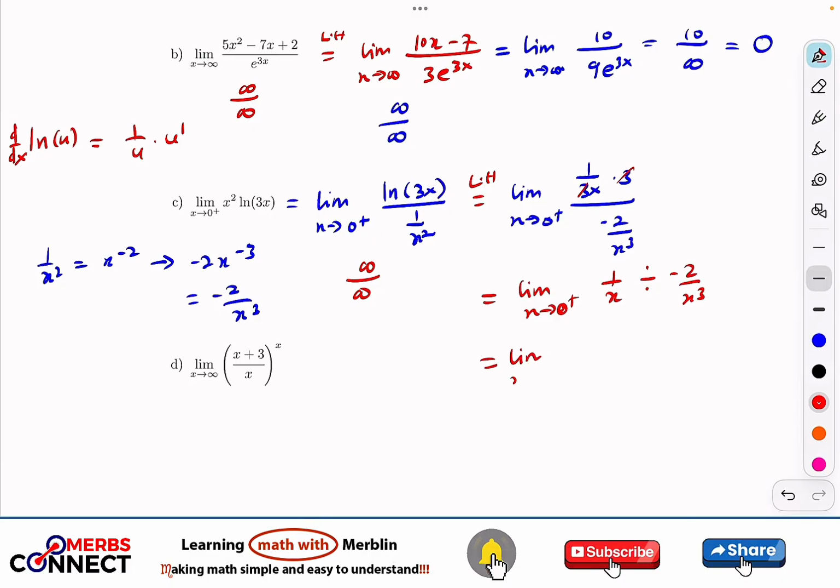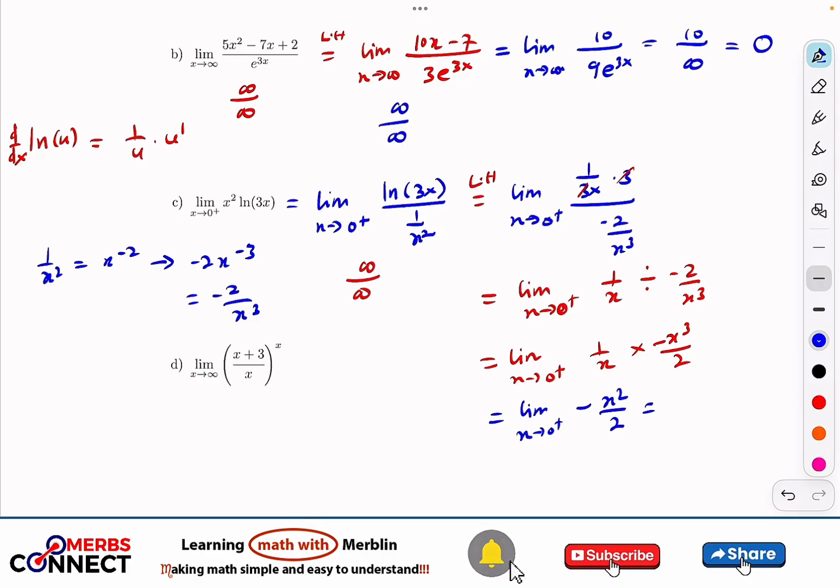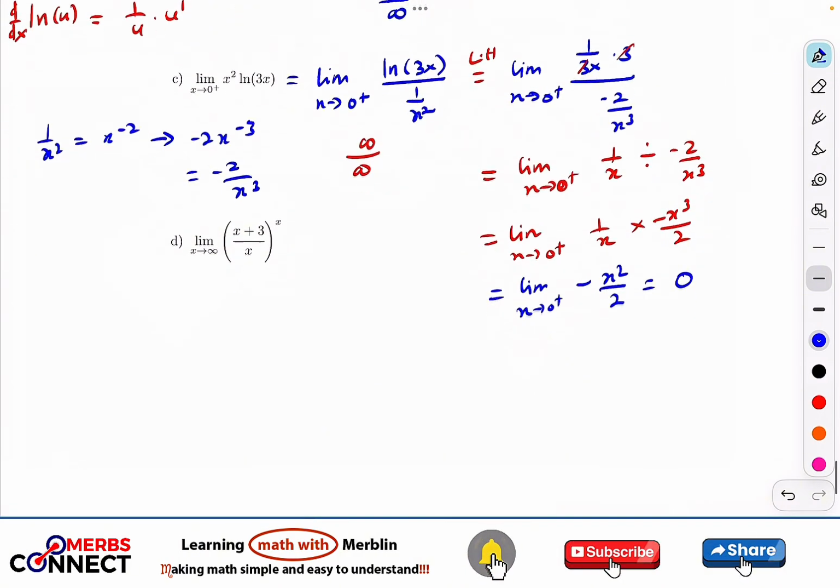Then this is the limit as x approaches 0 from the positive of 1 over x times x cubed over minus 2. Now we can cancel some terms out. The x will cancel what is here, so this is going to be minus x squared divided by 2. And when you plug in 0, this is just going to be 0. So that's what you are going to get from that one.